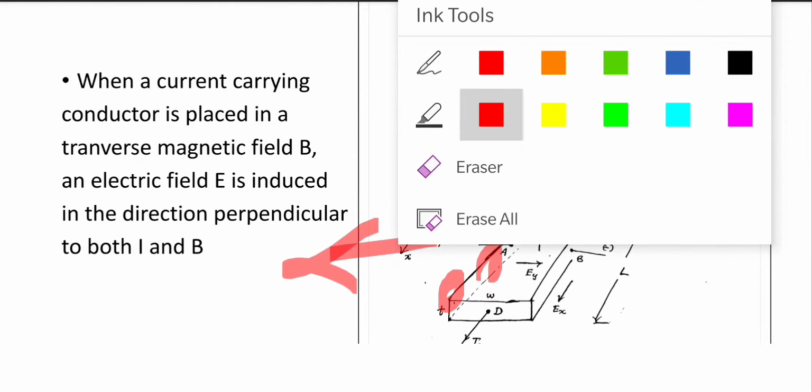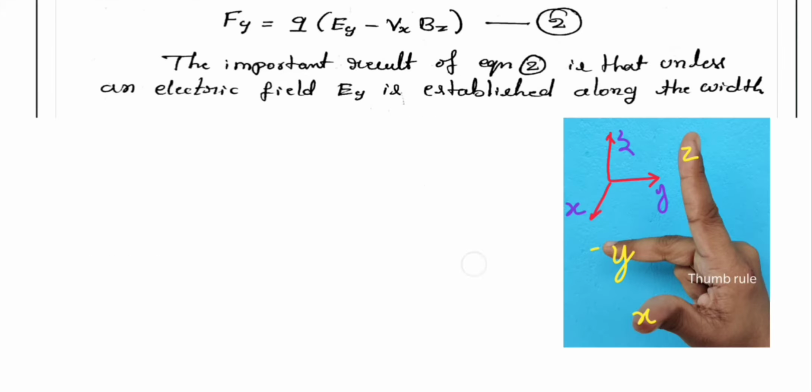So we will see here. In the thumb rule you can see the flow of current is given in the x direction, and the magnetic field is given in the z direction.